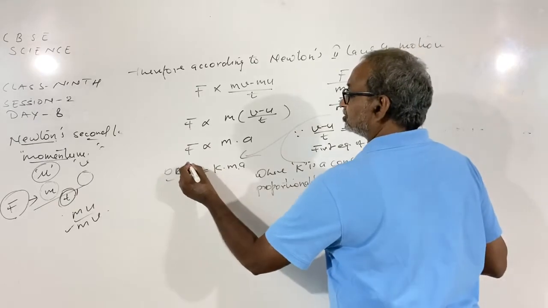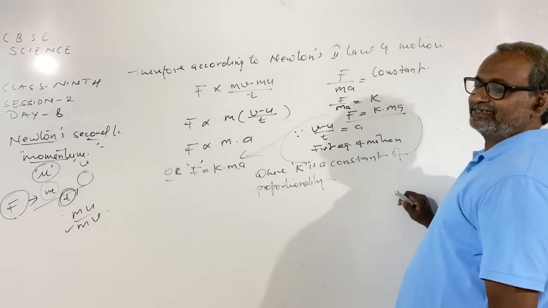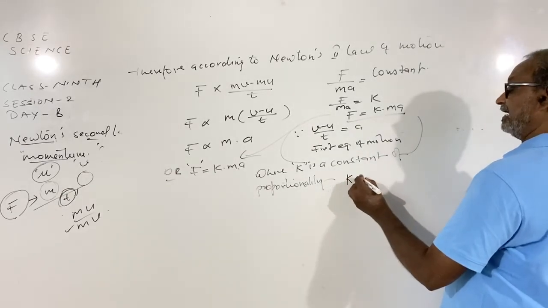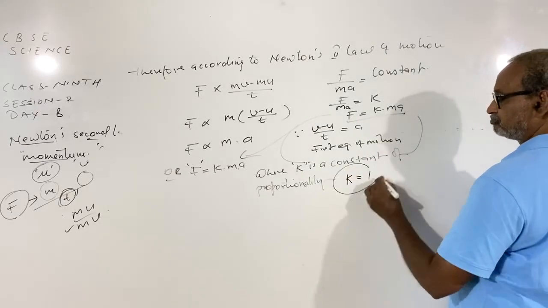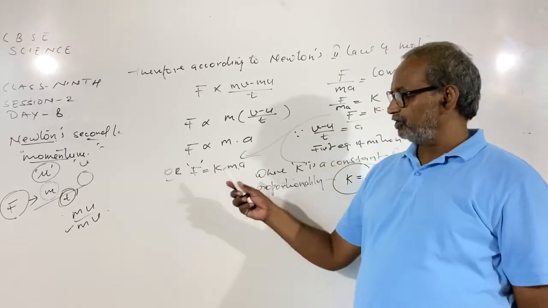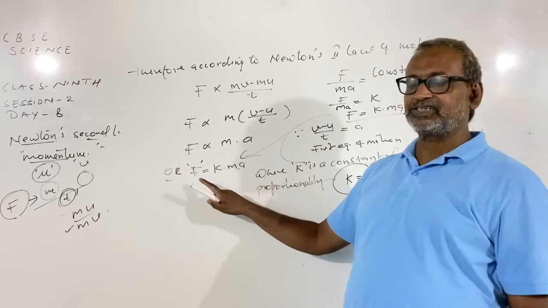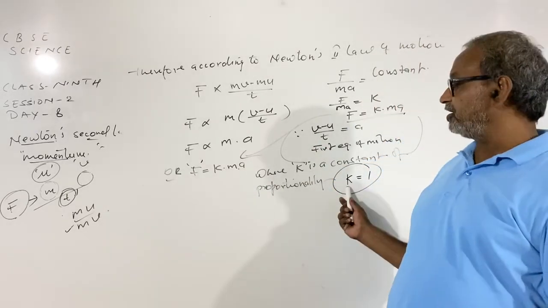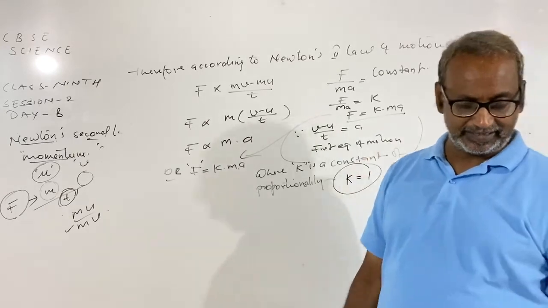The unit of force is defined such that the value of K is equal to 1. In physics, the SI unit of force, that is Newton, is defined such that the value of K is 1. Let's see how.